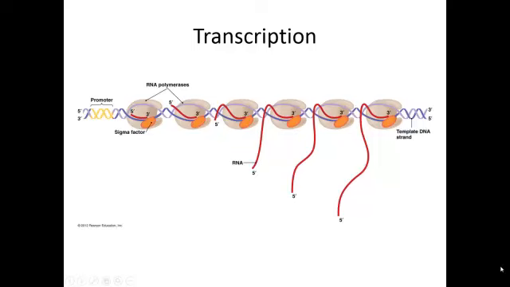Up to this point, for simplicity, we've shown just one RNA polymerase going through and making a transcript. But if this is a really popular gene, we can get multiple polymerases going one right after another, making multiple RNAs.